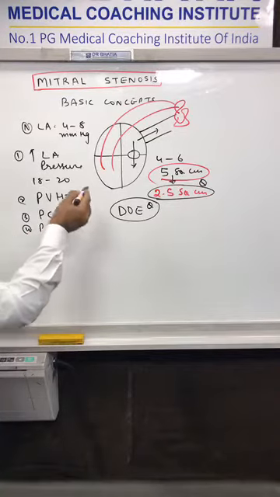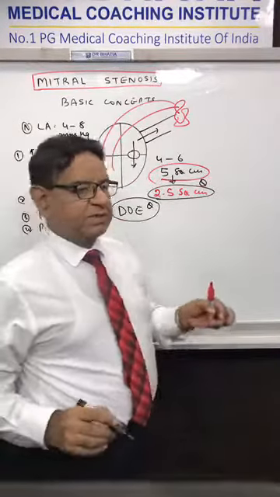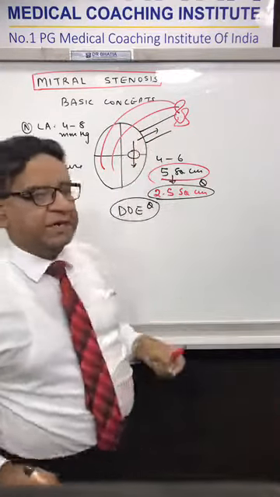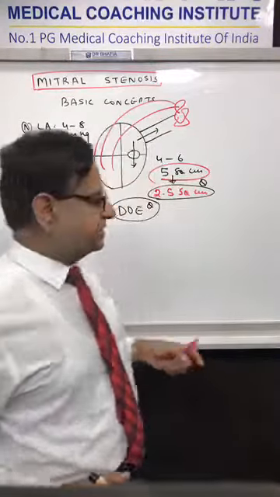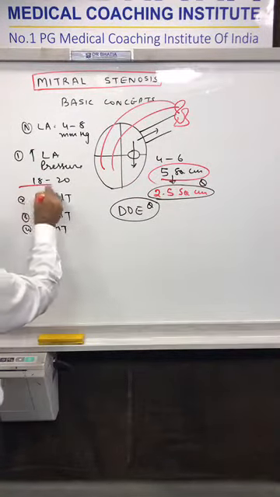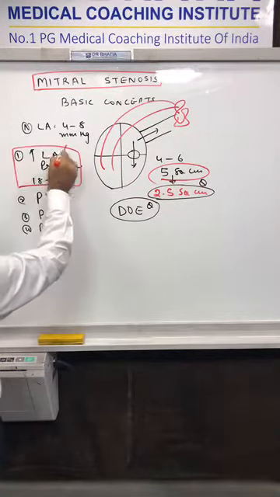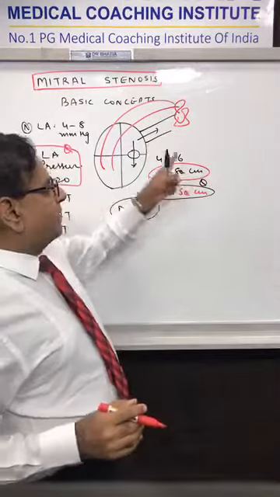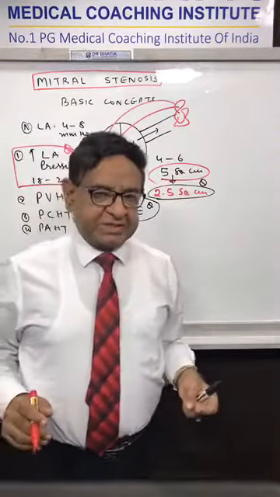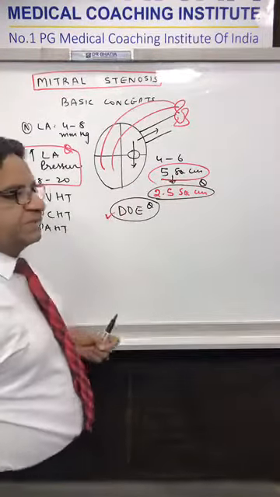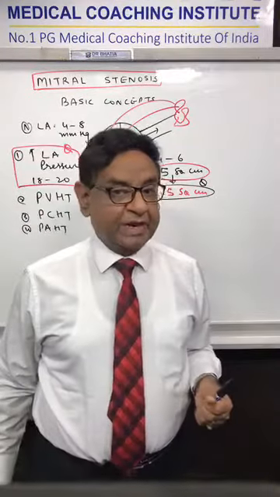So simple, it's all back pressure: increased LA pressure, venous pressure, capillary pressure, and arterial pressure. So this is a sequence, but this is the most characteristic finding. This is the question for you. Now, as the capillaries are getting congested, that's why the main symptom is dyspnea on exertion.